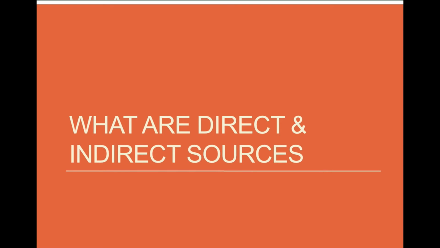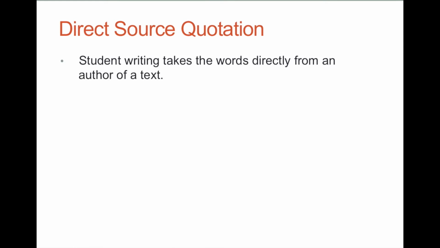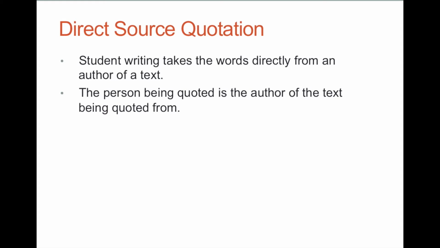So what are direct and indirect sources? A direct source is where your student writing takes the words directly from the author of a text. The person that you're quoting in your own essay or your own writing is the author of the text.